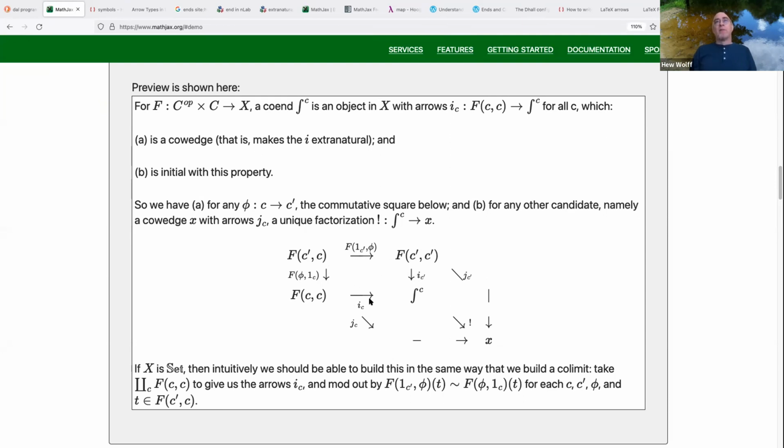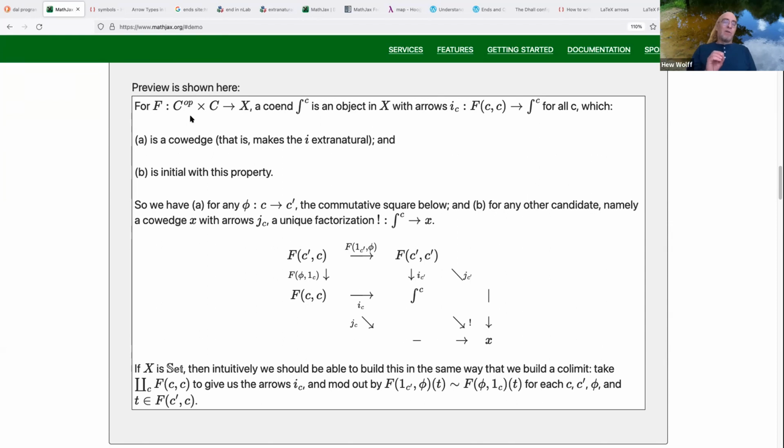Specifically, it's different because the maps that you want to say are extranatural both occur on the same side, as it were. Normally, if you had a natural transformation, you would have one of your maps on one side and one of them on the other side. You know what I mean?